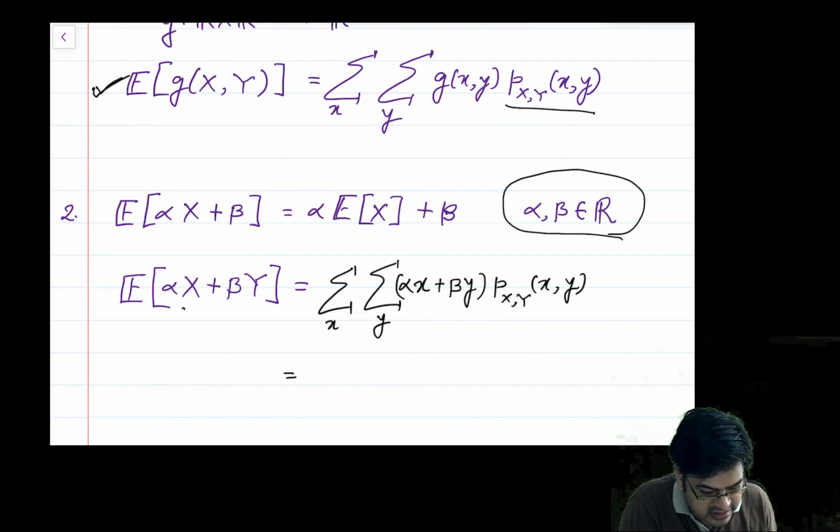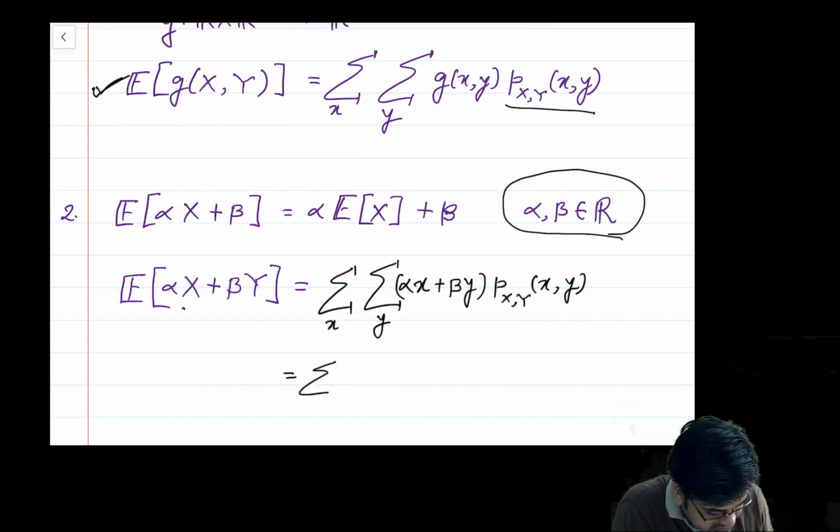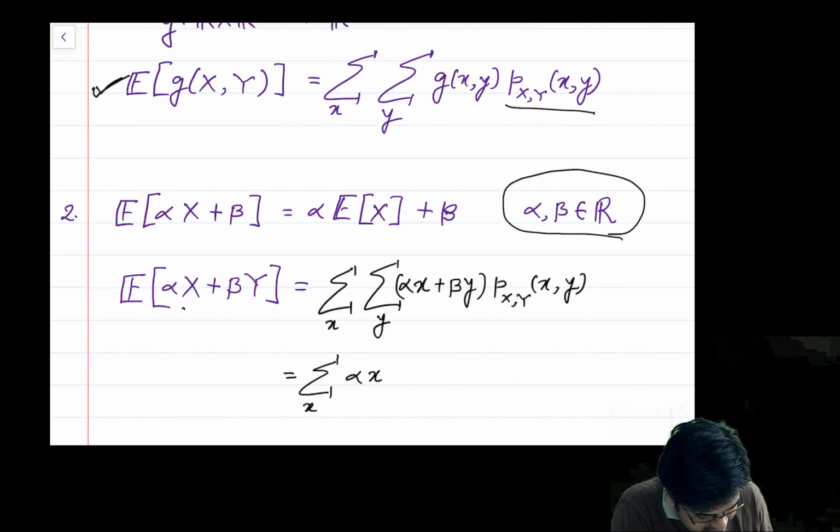I can write this as summation over x of alpha x into summation over y of Pxy, plus summation over y of beta y into summation over x of Pxy. Then I get summation over x of alpha x as it is, and summation over y of Pxy will give me, as we have seen, the marginal PMF of x.